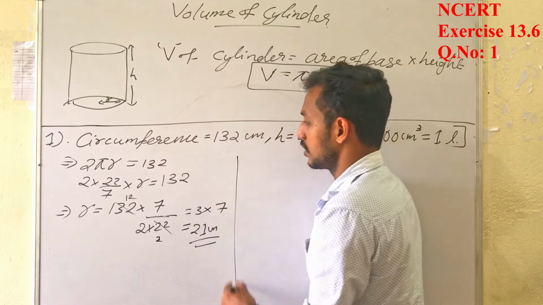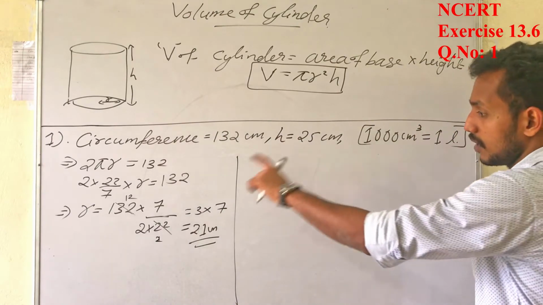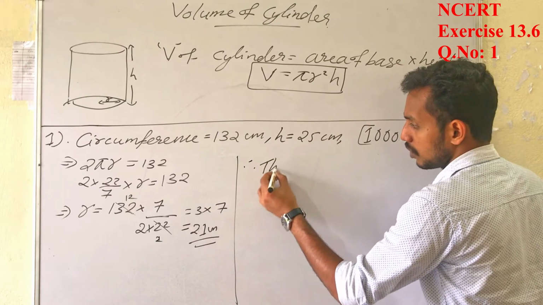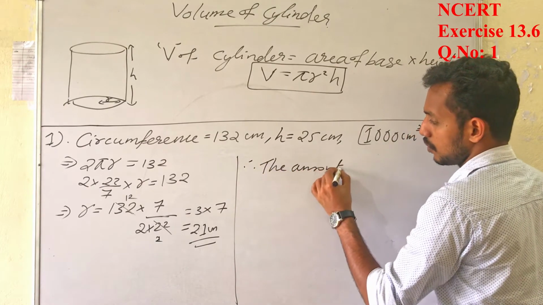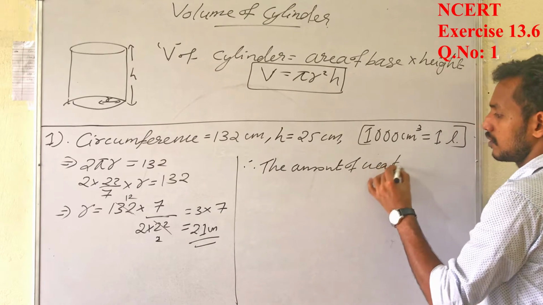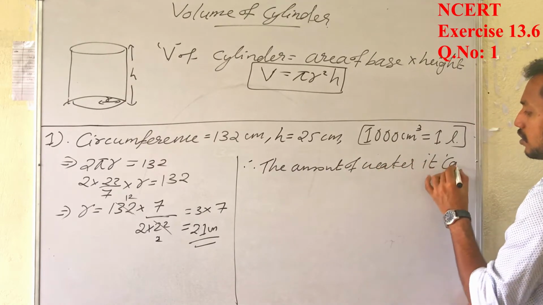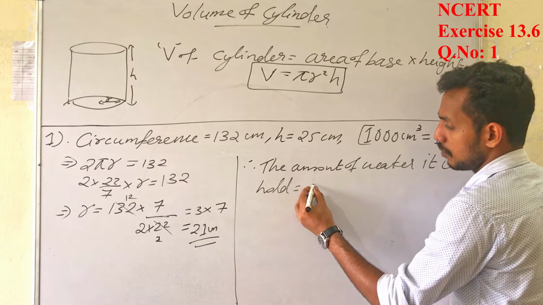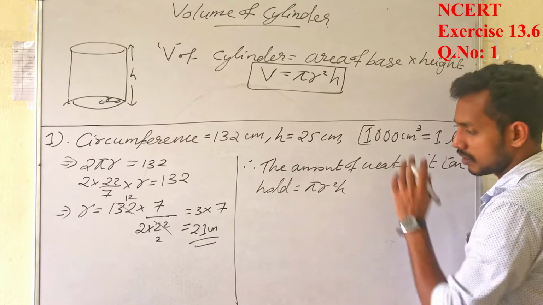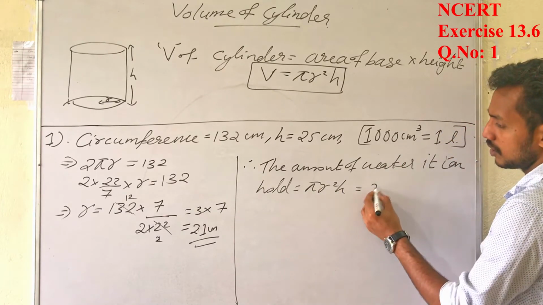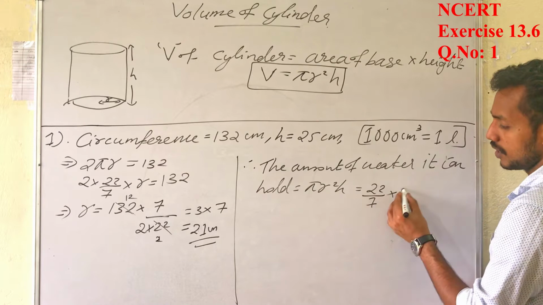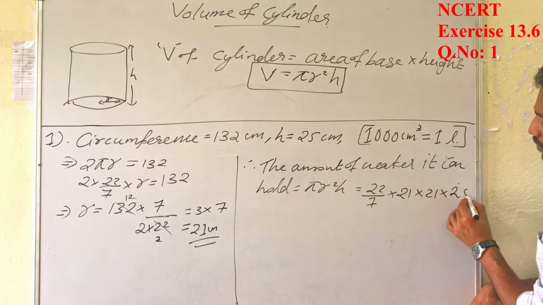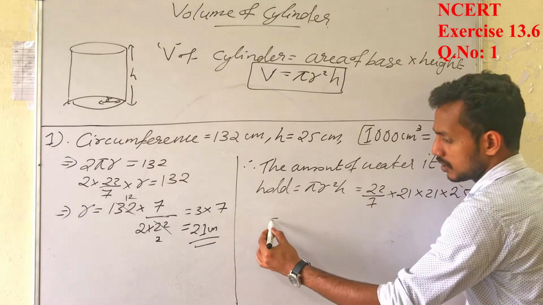So now we have all the quantities to find the volume, because height is already given and radius we found out. Therefore the amount of water it can hold is equal to pi r square h. That is 22 by 7 into radius 21 into 21 into height 25.